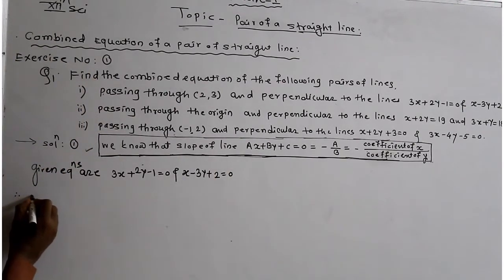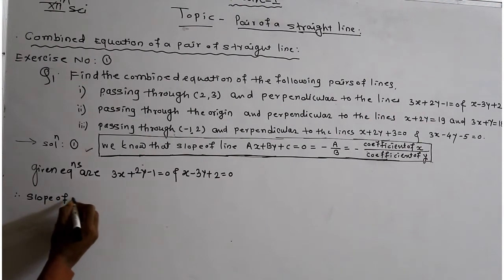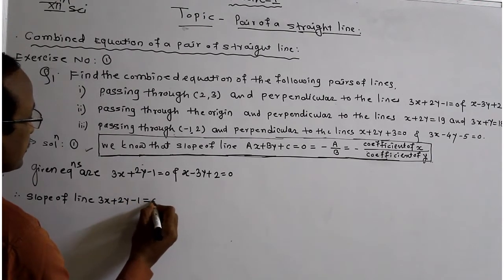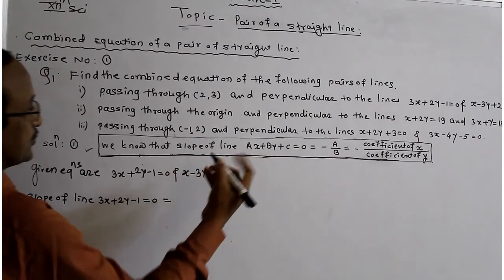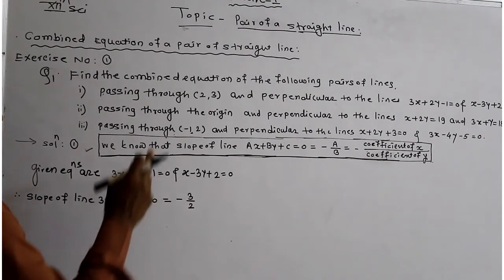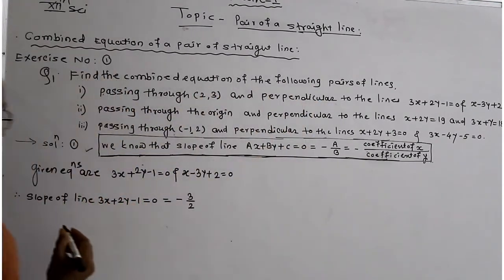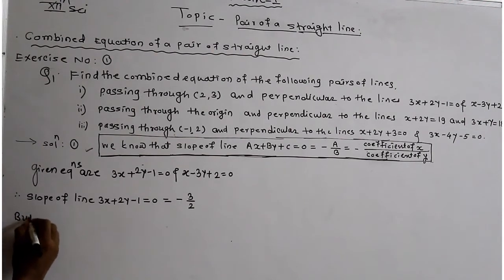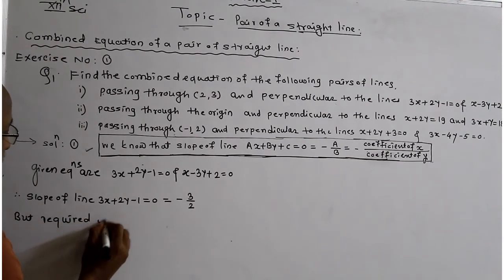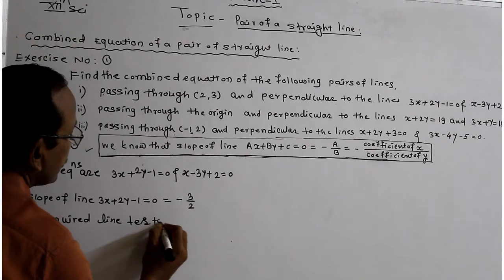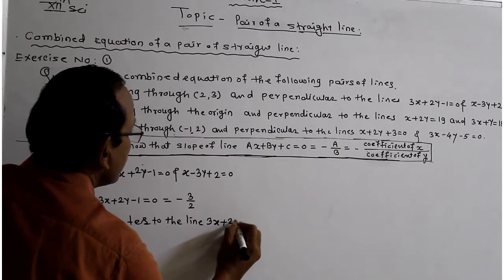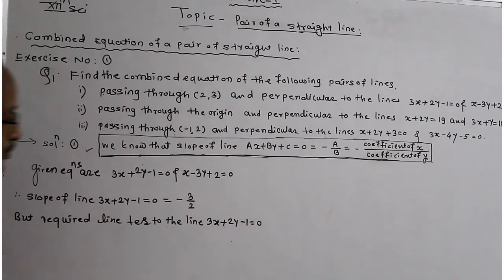Now first find the slope of the line. Slope of line 3x plus 2y minus 1 is equal to 0 is, by using the formula, minus 3 upon 2. But the required line is perpendicular to the line 3x plus 2y minus 1 is equal to 0.